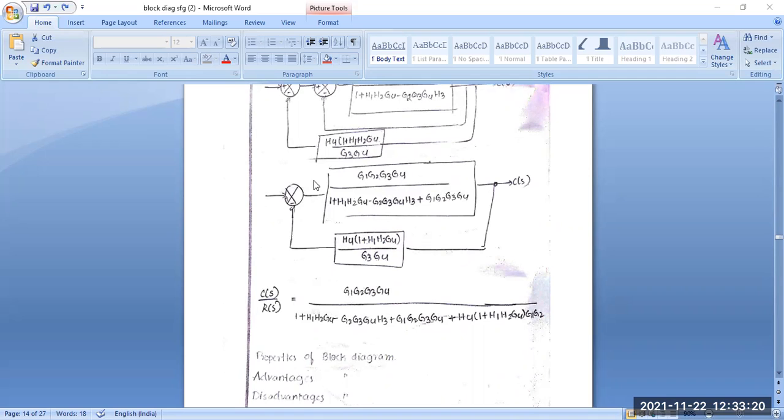What is the basic formula? Please confirm, anyone. Please tell me what is the formula to eliminate feedback loops? No one knows. I am telling again and again.